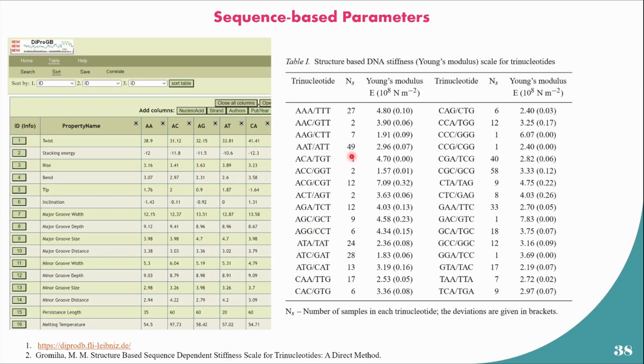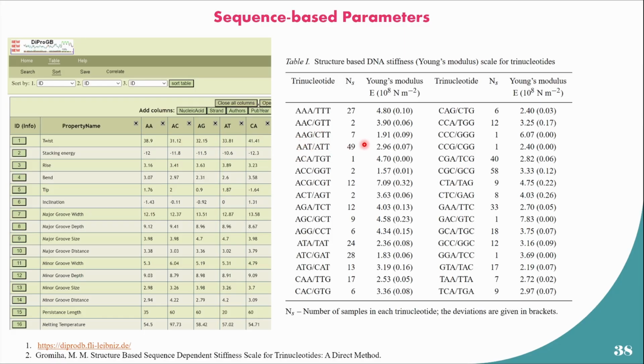So from that you can see, okay, in this trinucleotide sequence you are getting only one sampled data from which you are trying to obtain the value for the ACA trinucleotide. So that means the statistical significance of this particular component will be much lower, because you are getting this data from only one particular sample, right?